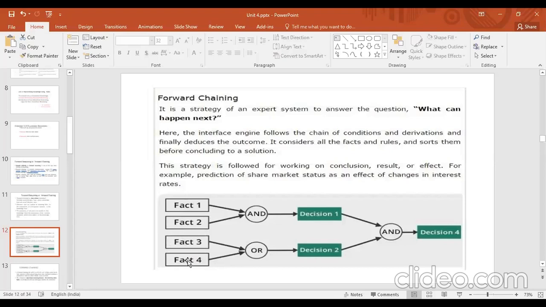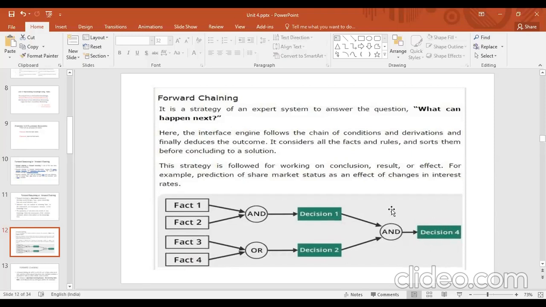So in the initial stage I give all the facts to our system. Now it processes them, takes action or performs operations. Here I use AND and OR operations. For example, you calculate the prediction from the previous year and so on, for share market status analysis. Now you come to this point, which provides some result. You also have to process this result, and then you reach the final output of your share market prediction.